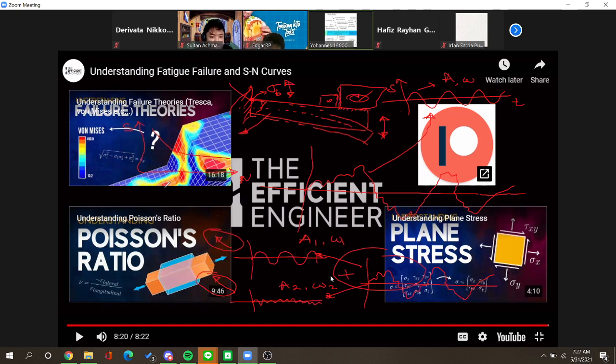How do we do that? That's why Miner's rule explains its method. First, we have to know how to evaluate the failure cycles for each load.